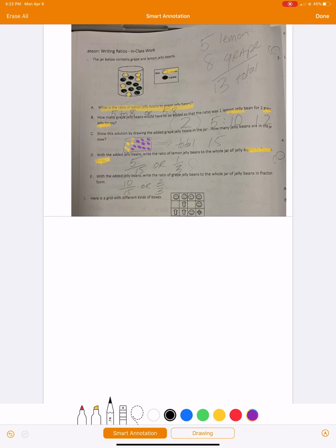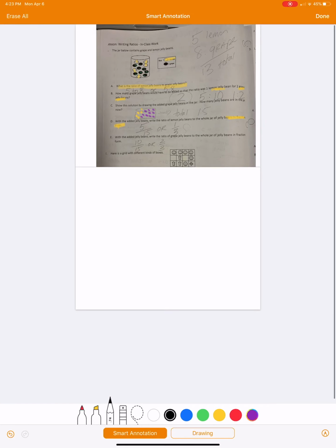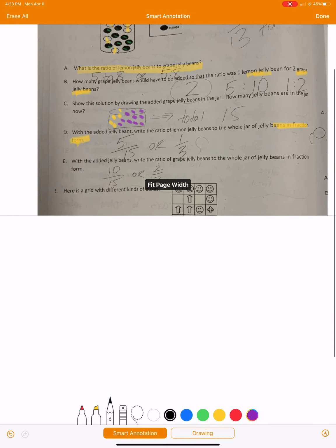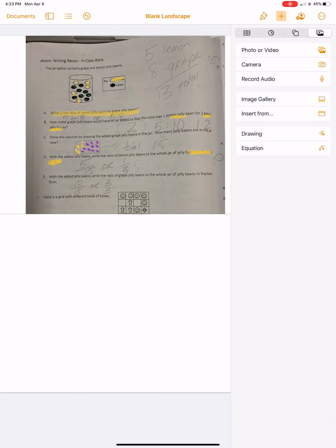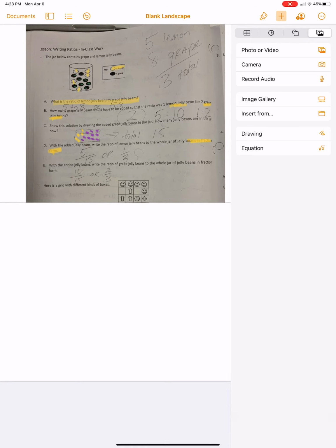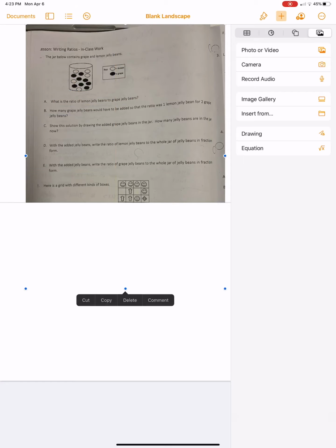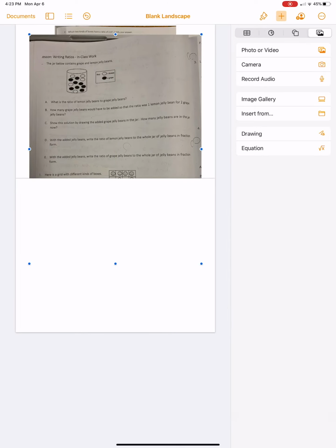Hopefully this is kind of coming along here. I'm going to move this up a little bit. Okay, cool. I'm going to clear all this out, if I can figure out how to do that. Now we'll go back to the picture.